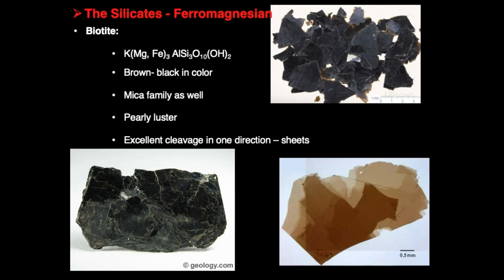Okay, so biotite is a dark iron-rich member of the mica family. As you're seeing right there in the slide, it looks a lot like muscovite, which was the non-ferromagnesian end member that we had seen of the mica family. Like other micas, it also possesses a sheet structure that gives one-directional excellent cleavage.